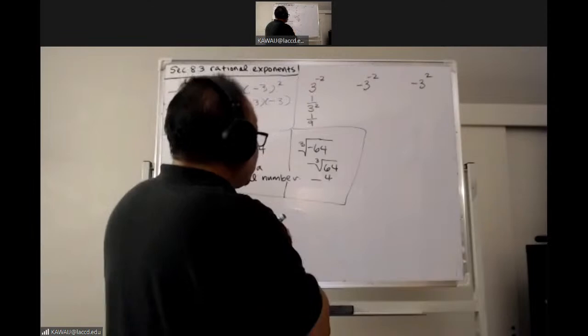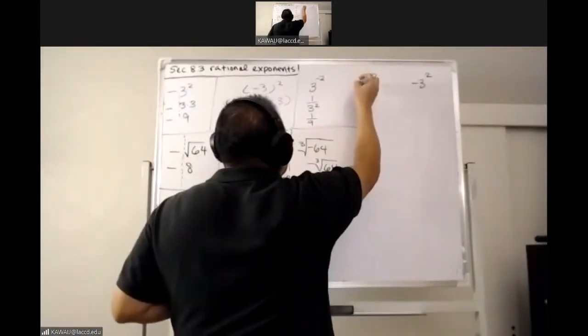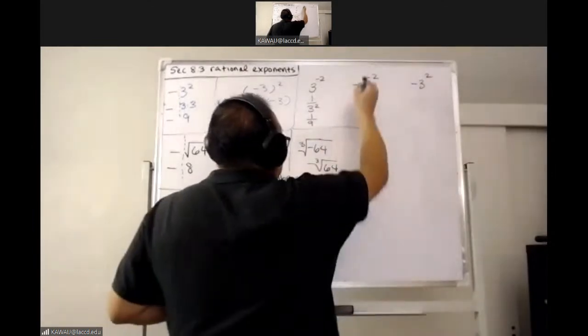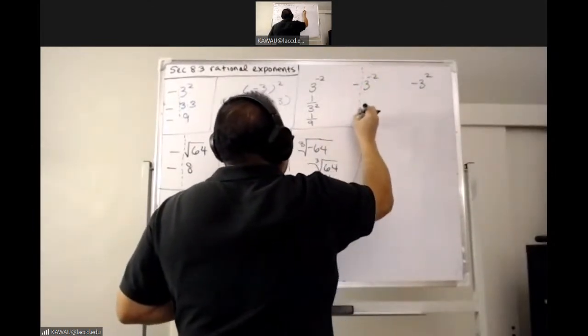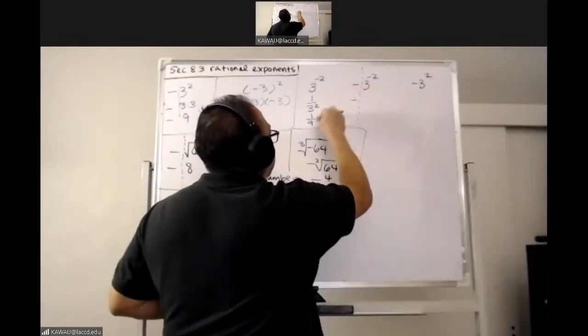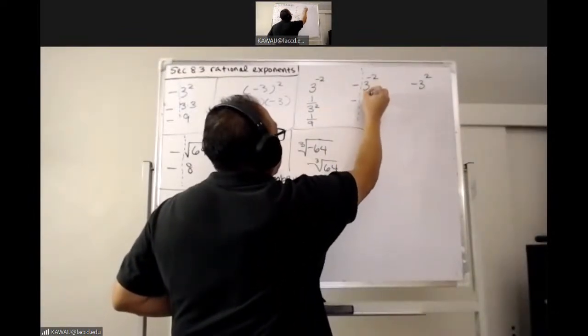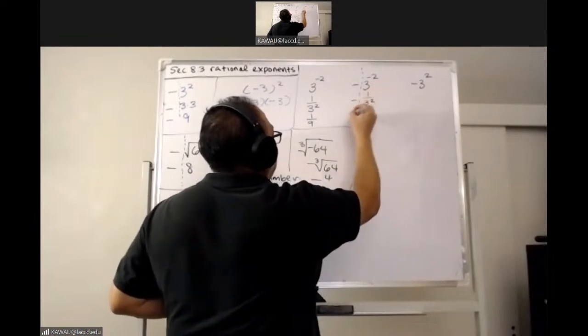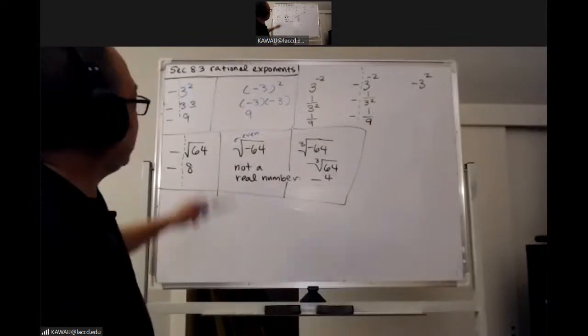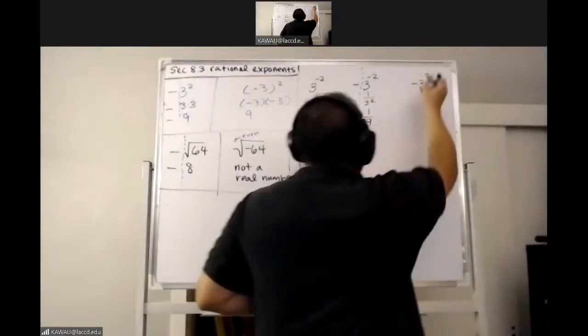Okay. Now for this one here. That negative is not connected. So now we're doing the same thing we did over here, but it'll be negative. Okay, and then this problem and that problem are exactly the same.